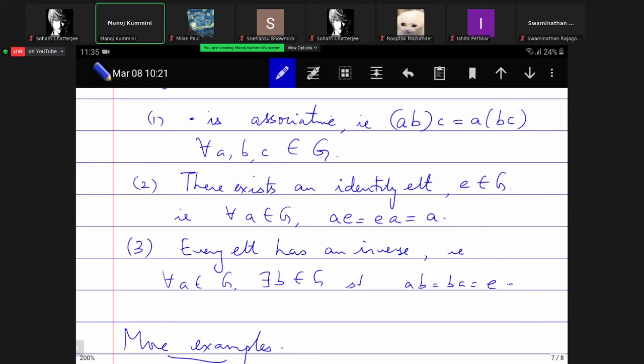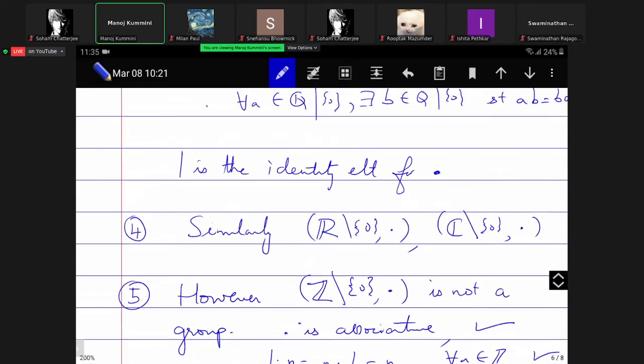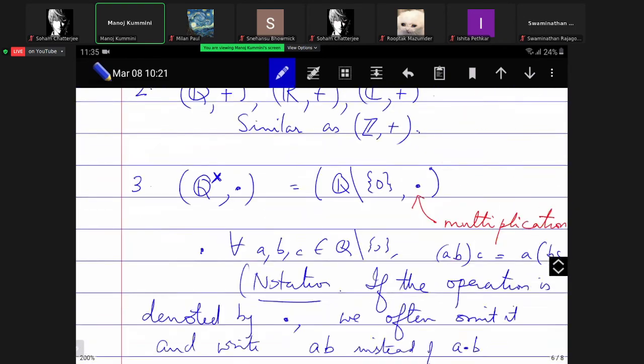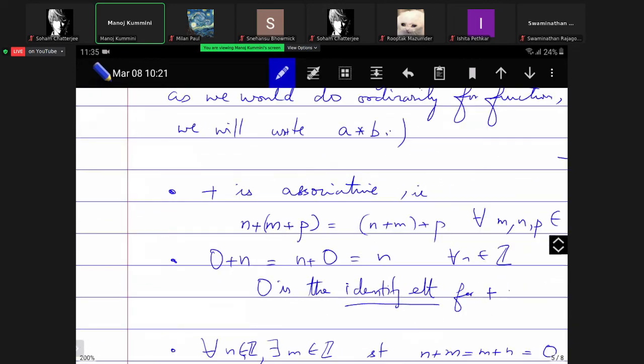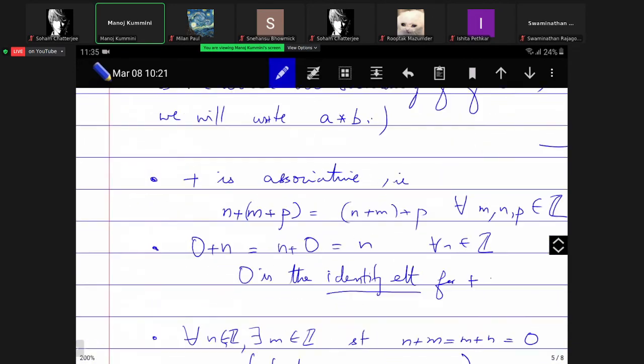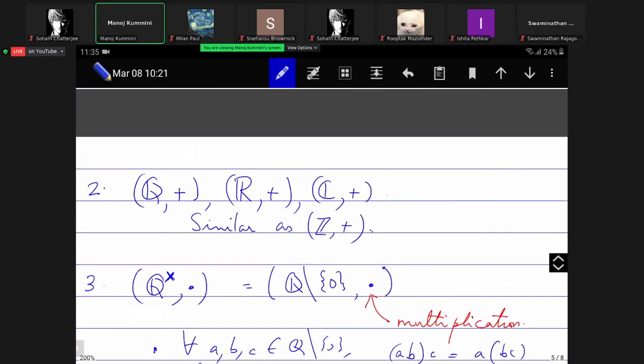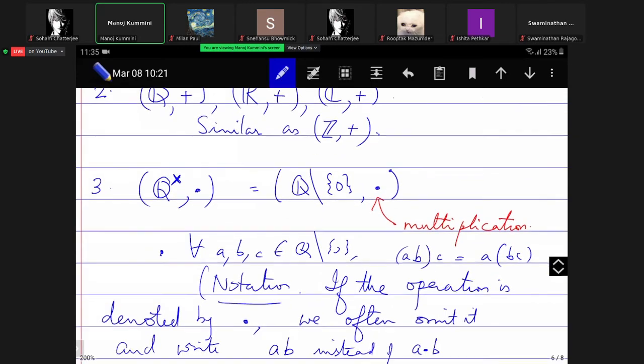But now, if you put an extra condition that the operation is commutative, we call such a group an abelian group. All the examples that we wrote in the beginning, Z with plus operation, Q with plus operation, multiplication, are all abelian groups.